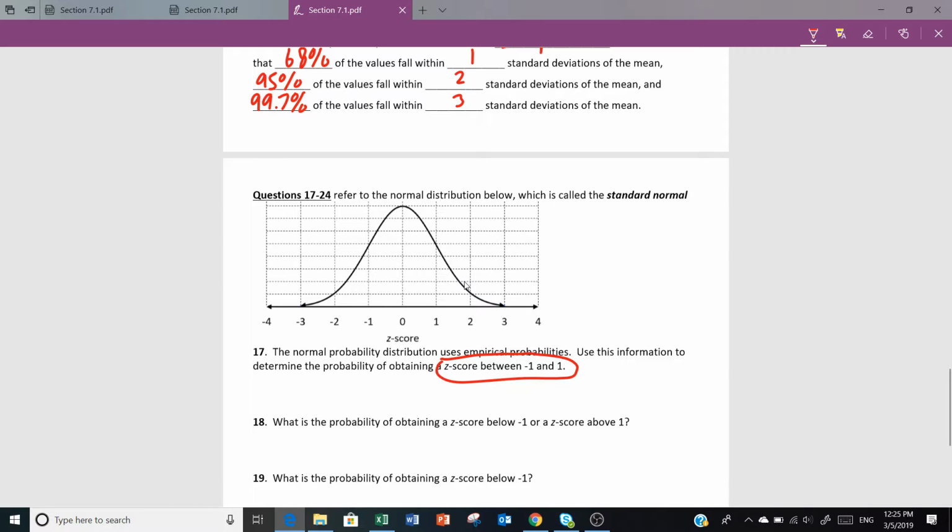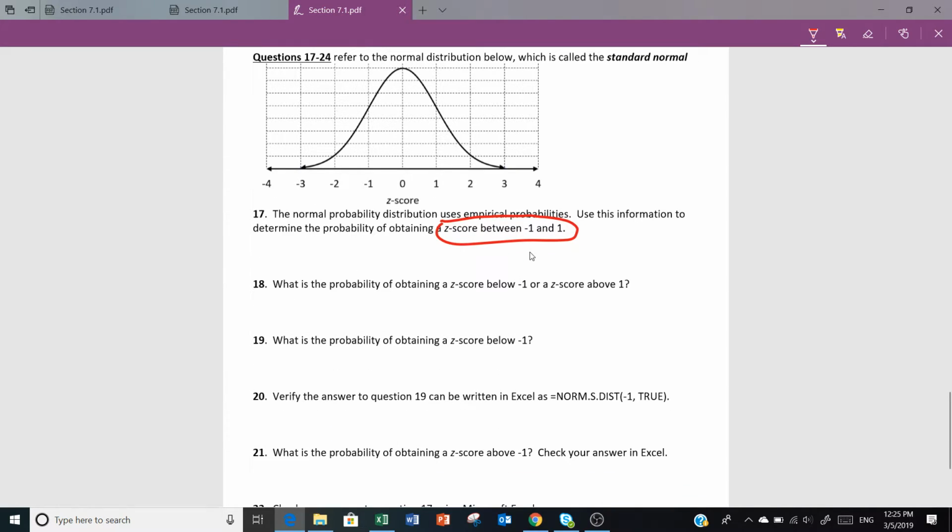No, because that'd be everything that's not negative 1, so that'd be 0.32. It's good, that's right. That'd be half. Yes, that'd be. So you'll see that Excel starts to come into play.